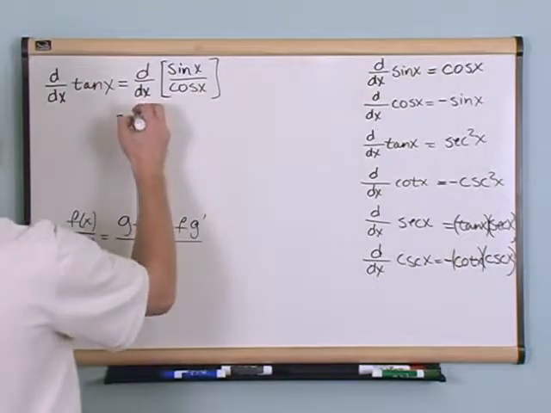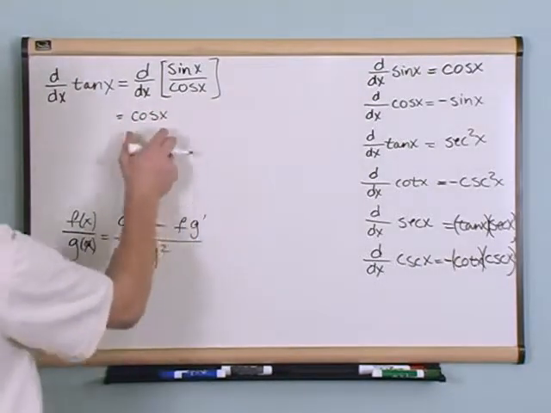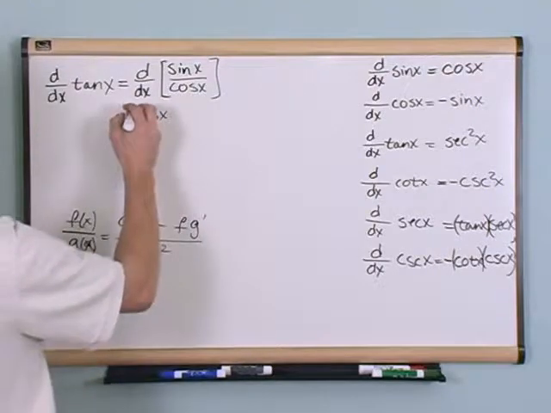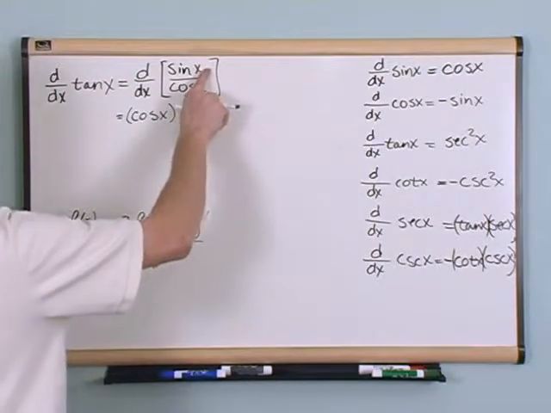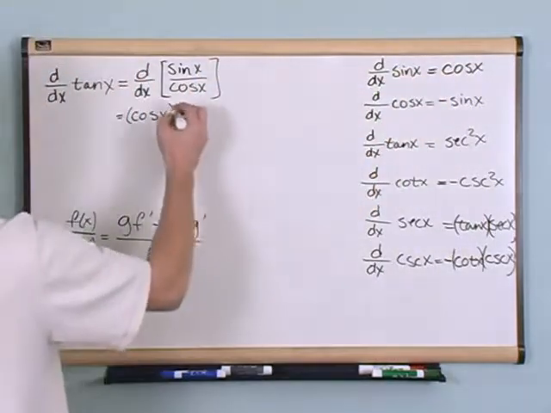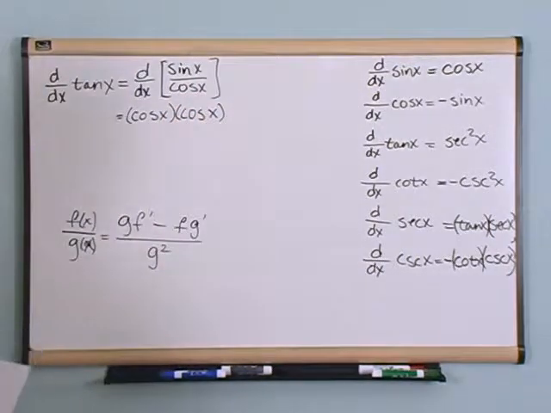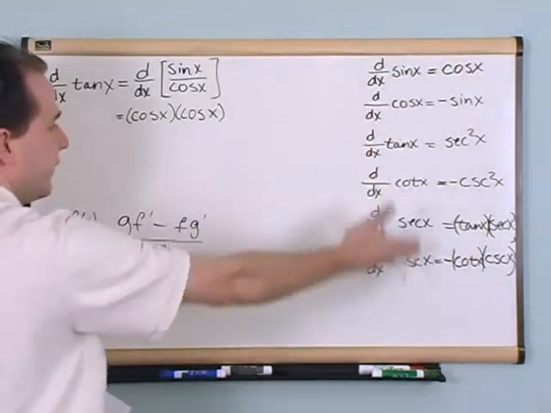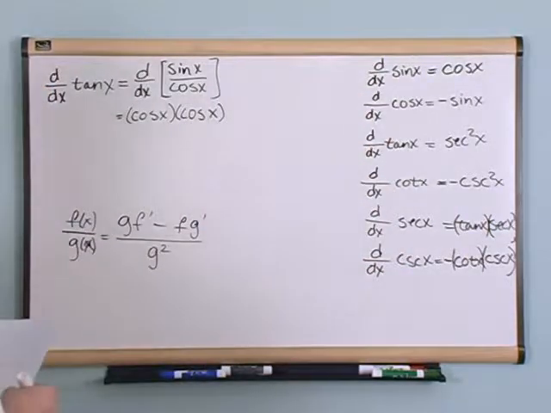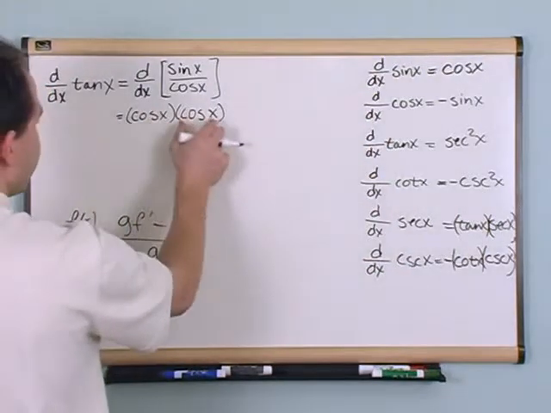The bottom is cosine, okay, times the derivative of the top. Okay, so the derivative of sine is cosine. Okay, you're just going to have to believe me there and use some of the identities that are given and laid out before you. Bottom times the derivative of the top.